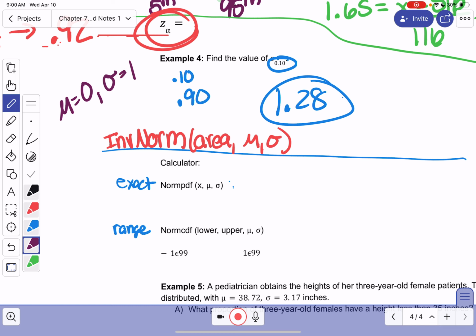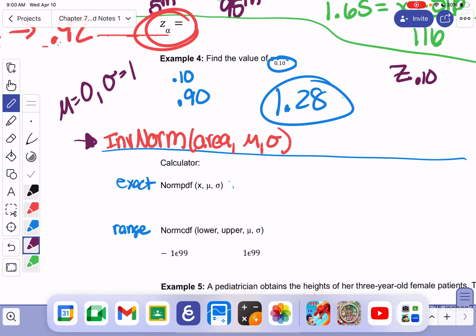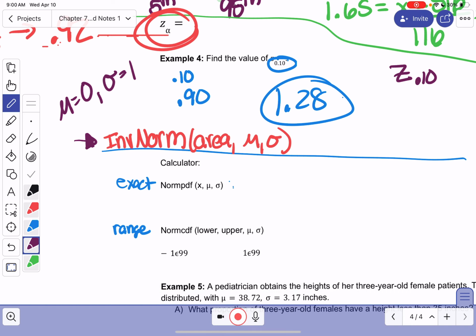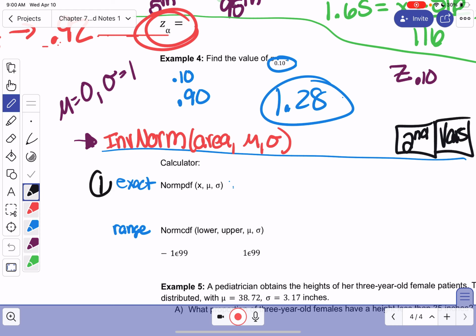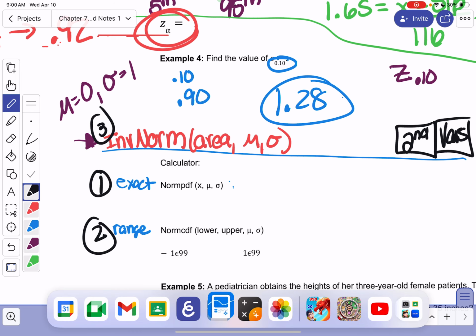And then your calculator would spit out the z-score. So let's do our inverse norm. Let's start with this. If we were given z.10, to get this on your calculator, you hit second vars, just like we did for binom, except this time, PDF is 1, CDF is 2, inverse norm is 3.